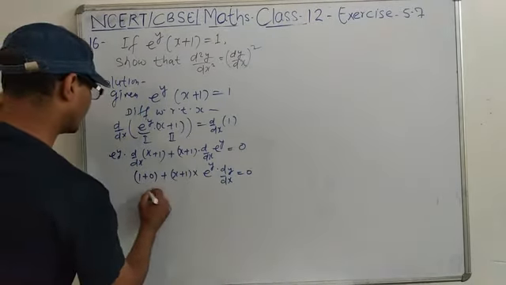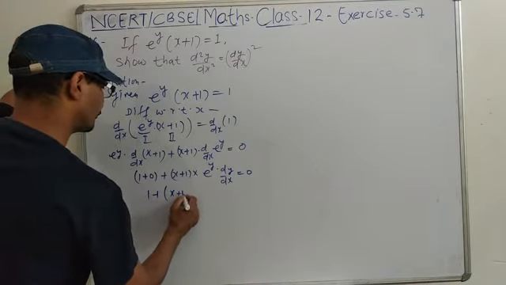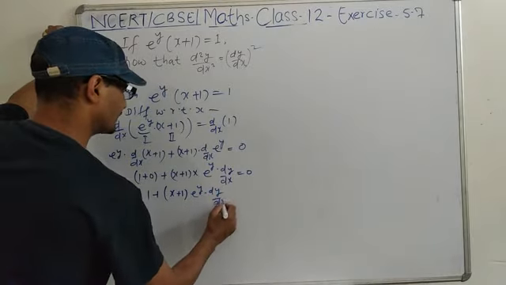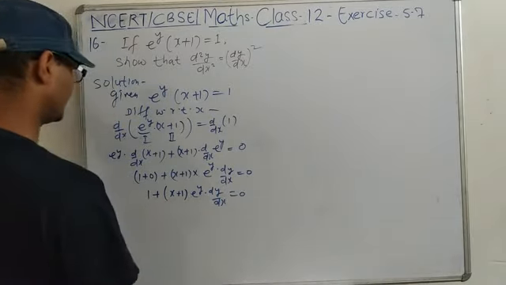So here 1 plus x plus 1 e to the power y into dy by dx is equal to 0.